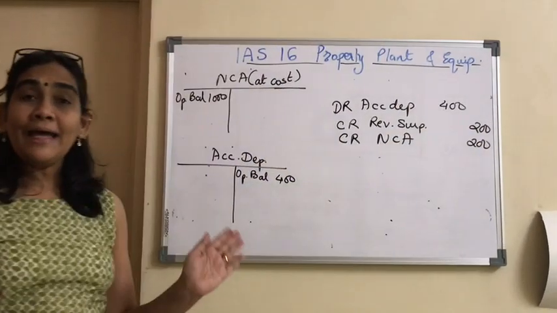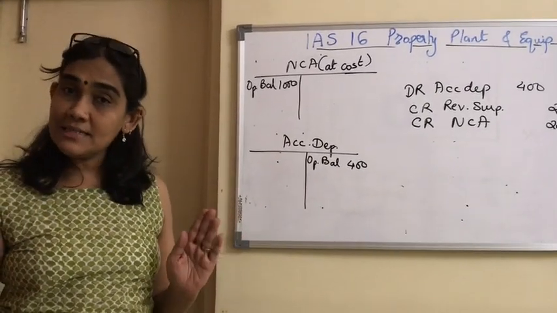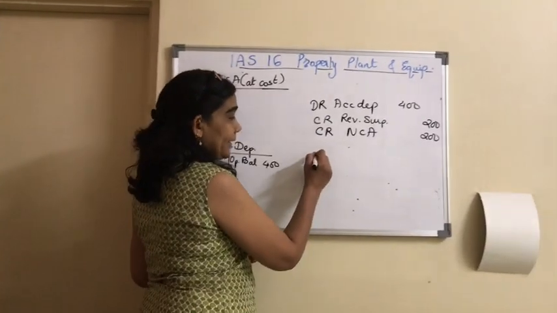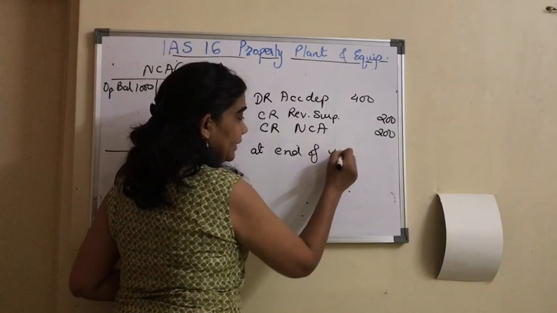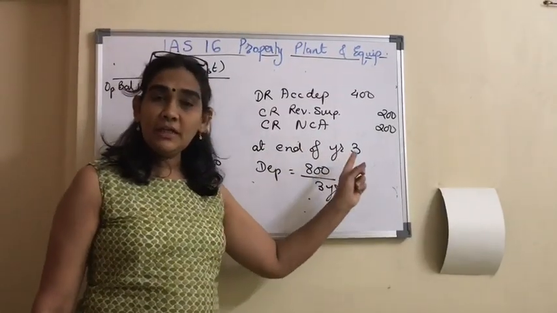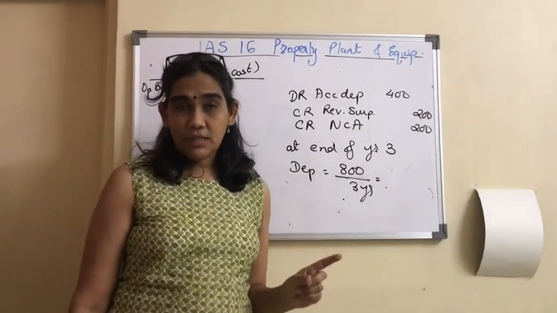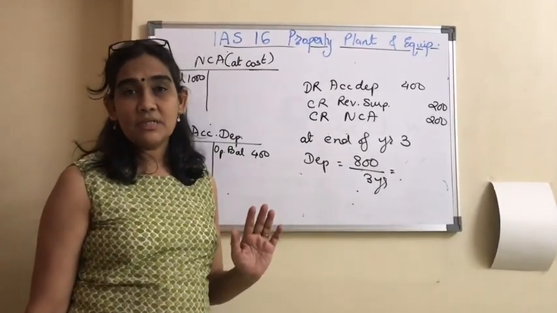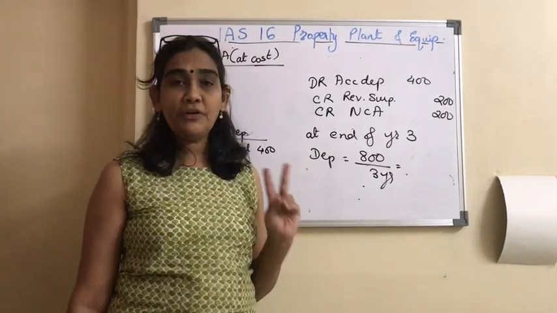Okay. Now, at the end of year 3, assuming the life of the asset is the same, you will charge depreciation. End of year 3, we need to calculate the depreciation. Now, as I had told you initially, the life of the asset was 5 years. 2 years are already over, so the remaining useful life is now 3 years.